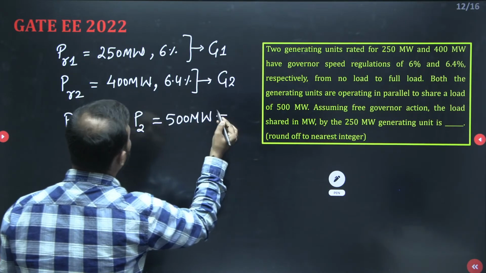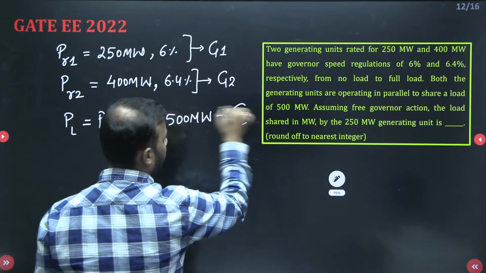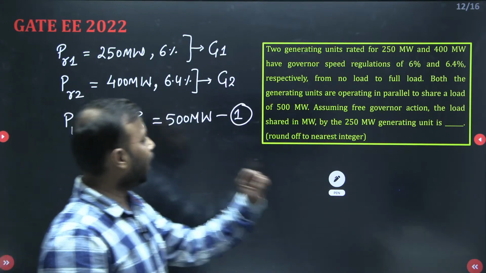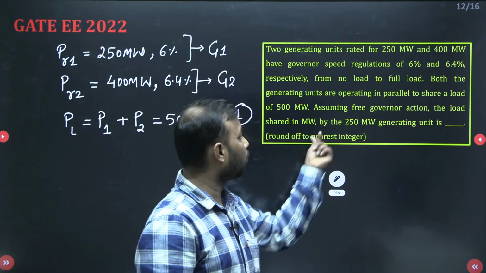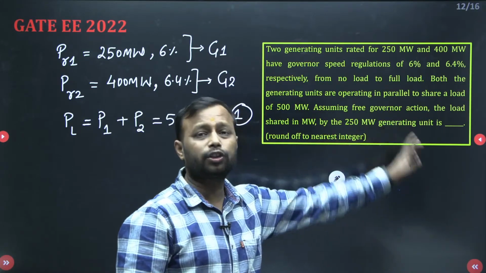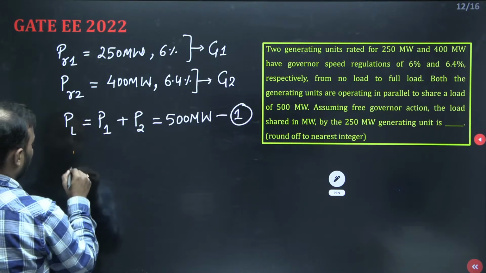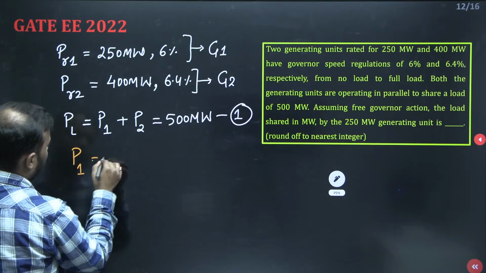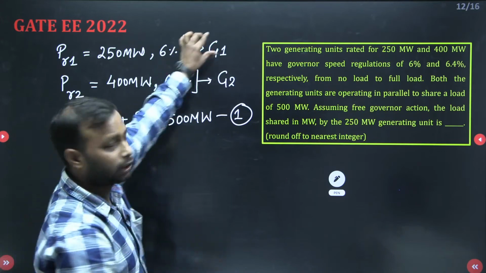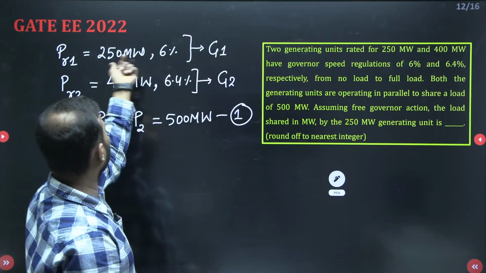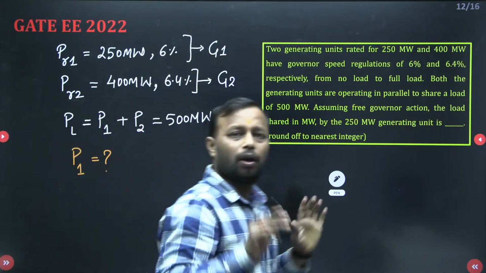Let me take this as equation 1. But I need to calculate the load shared in megawatt by the 250 megawatt generating unit. It means I need to calculate P1, because this P1 is supplied by generator 1, the 250 megawatt generator. Got the point?